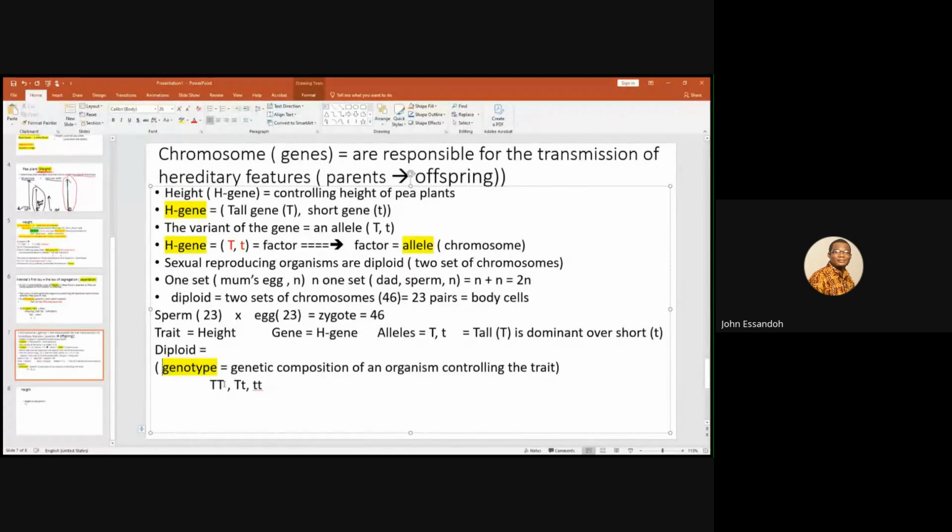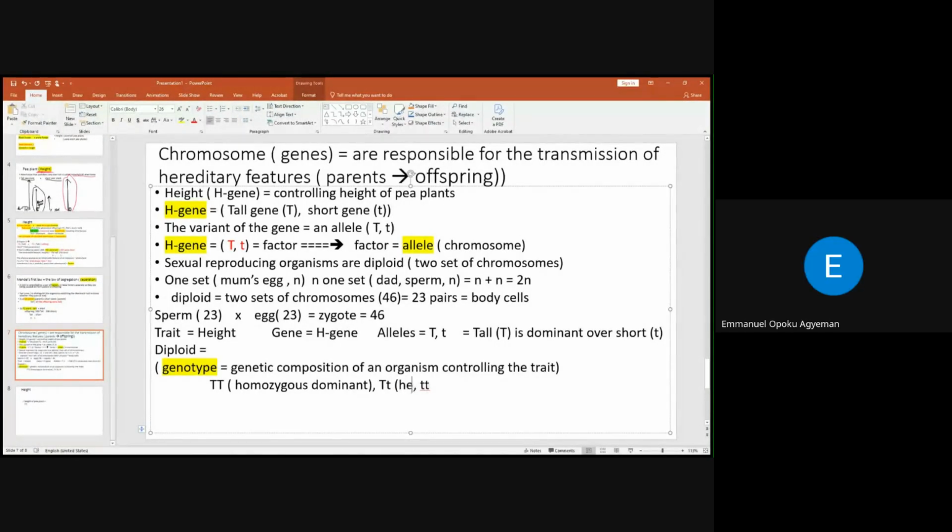So let's see what is going to happen. Remember we said that the tall allele is dominant over the short allele. So this one is homozygous dominant. What are we going to call this one? Heterozygous.